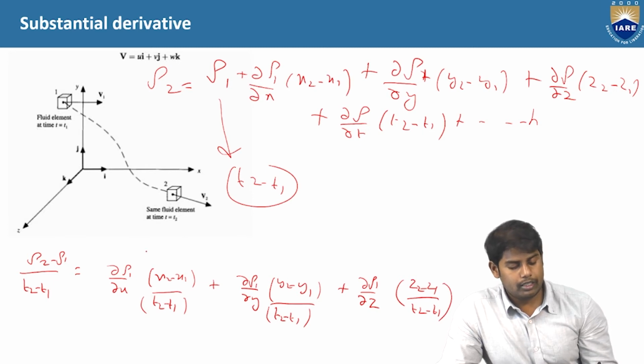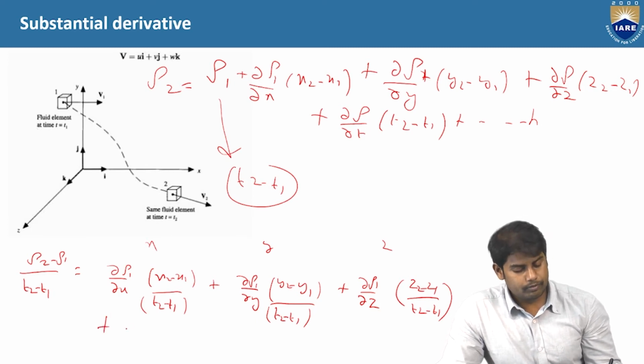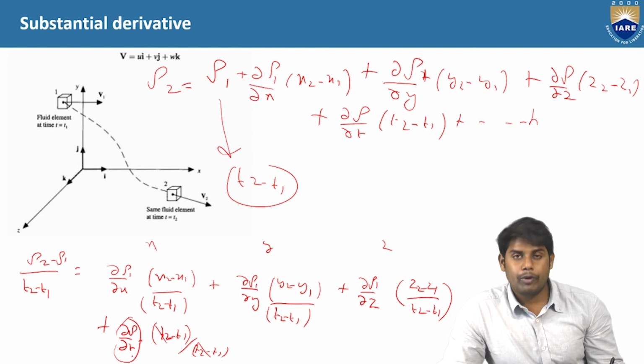Here you can see the x, y and z terms are your spatial derivative terms. The other one is the time derivative term, ∂ρ/∂t into (t2 − t1) divided by (t2 − t1). So these terms are getting cancelled, and you have the temporal derivative as ∂ρ/∂t.